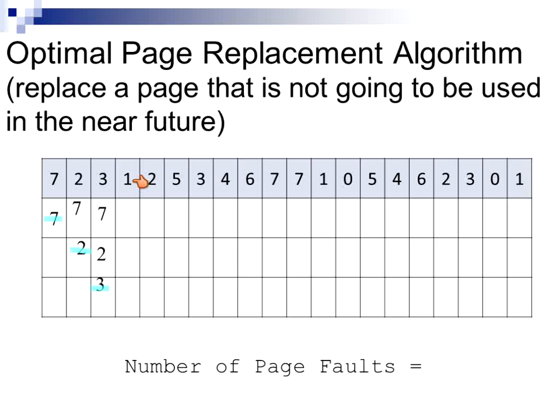I wanted to bring 1 in, and I looked ahead and saw that 2 is going to be used right away, 3 is going to be used a little bit later, but it's going to be a long time before I need page 7 again. So since I only have 3 pages in memory, I'm going to choose to replace page 7 now with page 1.